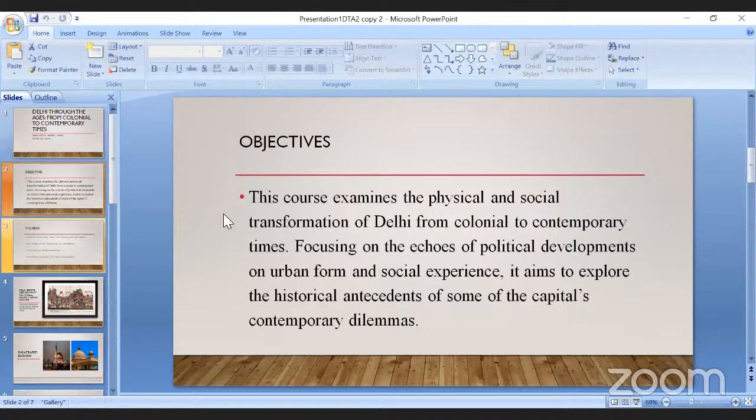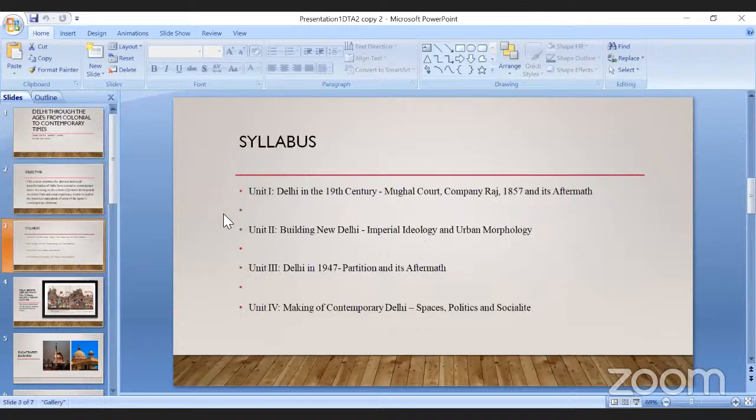This course is divided into 4 units. The first unit is Delhi in the 19th century, Mughal Court, Company Raj, 1857, and its aftermath. So Delhi, how it functioned under the Mughal rule as well as under the company rule.